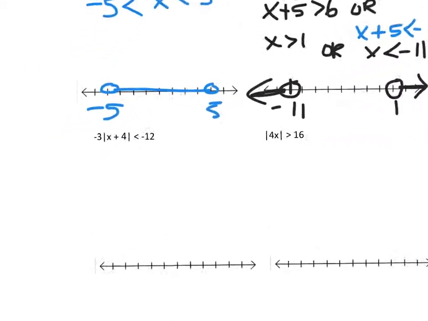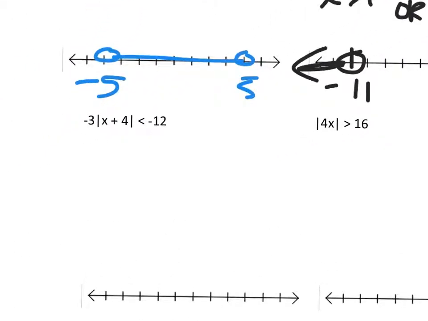Okay. Fourth one. Again, I want to isolate the absolute value. So I'm going to divide both sides by negative 3 because this is being multiplied. So I'm going to have x plus 4. Now remember, when you're dividing by a negative or multiplying by a negative with an inequality, you have to change the sense of the inequality. So I need to change that to greater, and then this is going to be 4.